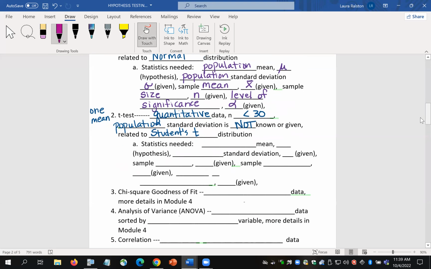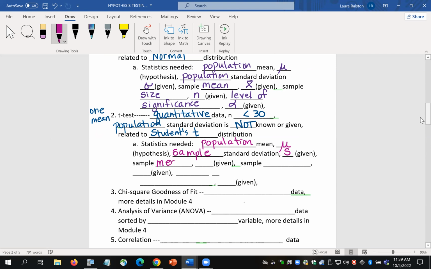If you have a one mean t-test, you still need the population mean, which will be given in the scenario and is included in the hypothesis. You have the sample standard deviation.